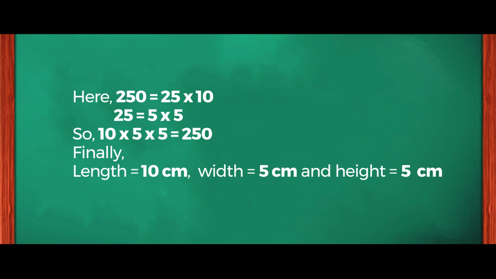To further break down, 25 can be written as 5 times 5. So, 10 times 5 times 5 will give you 250. So finally, the length of the prism is 10 centimeter, width is 5 centimeter, height is 5 centimeter.